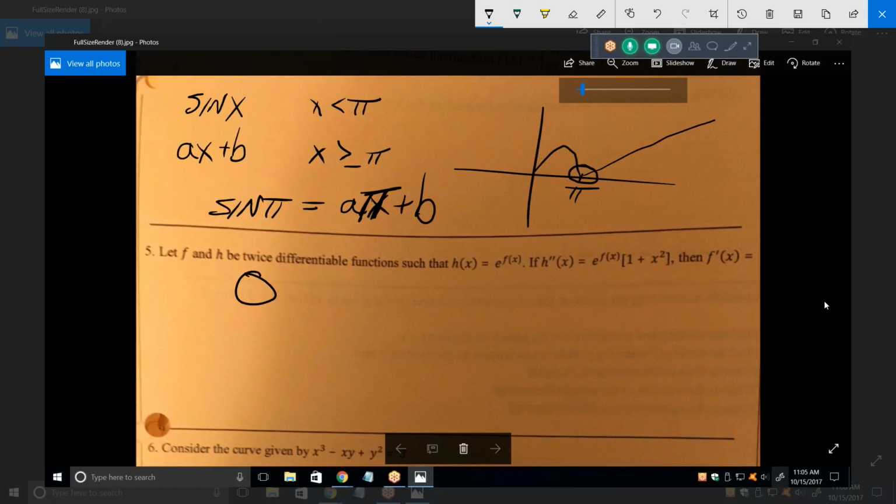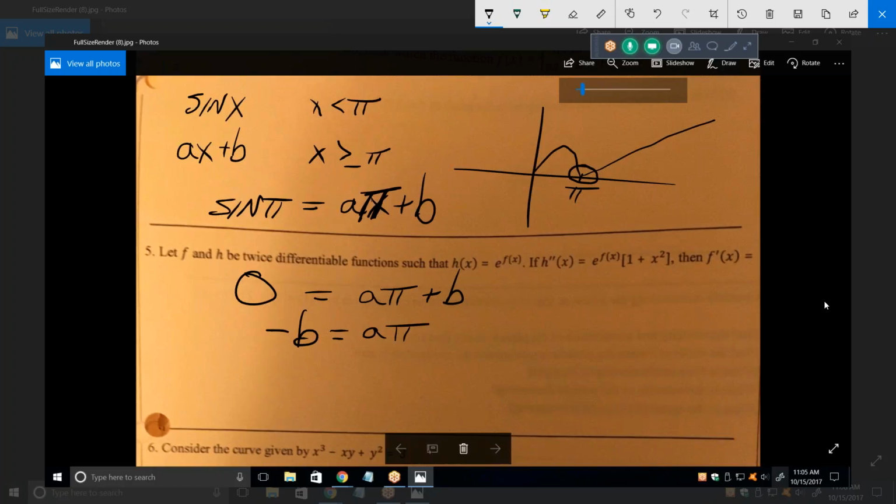So we have 0 equals a pi plus b. They want both a and b? I think so. Well, I guess minus b would be equal to a pi.